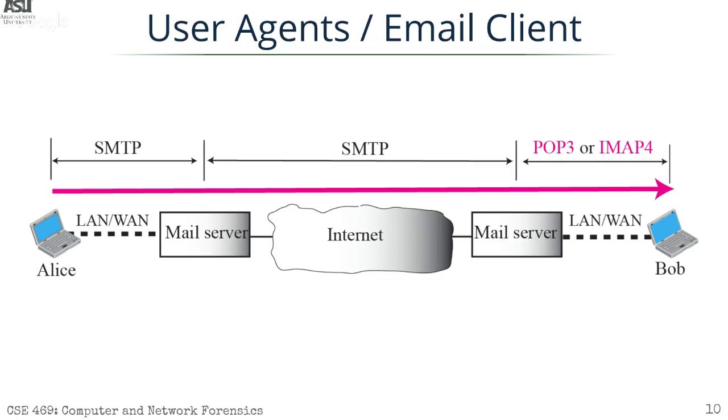So outgoing is always SMTP. Then this mail server talks with Bob's mail server, also over SMTP. And then Bob communicates with his mail server via POP3 or IMAP4. Sorry, the diagrams in these slides are a little bit wanting. I apologize for that. Any questions on this?